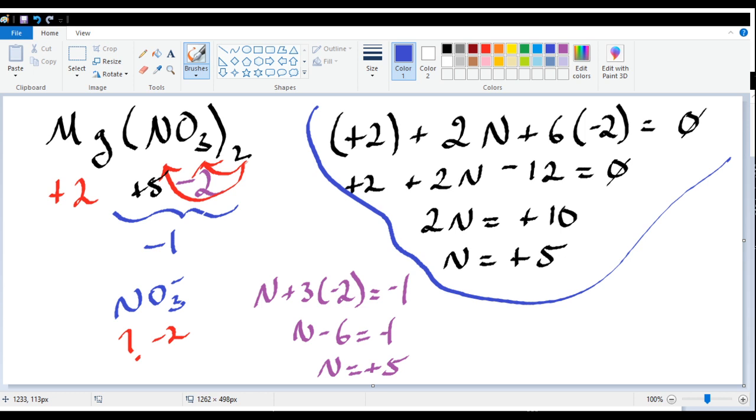Or you can do like we did down here and just look at the nitrate by itself. That got us the exact same result. Either way, magnesium has an oxidation number of positive 2, oxygen has an oxidation number of negative 2, nitrogen has an oxidation number of positive 5.